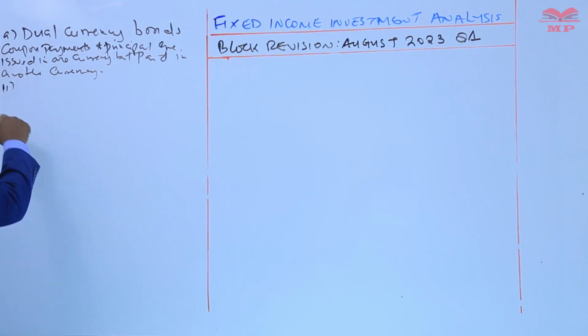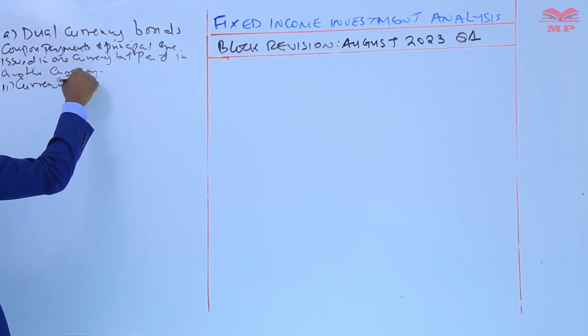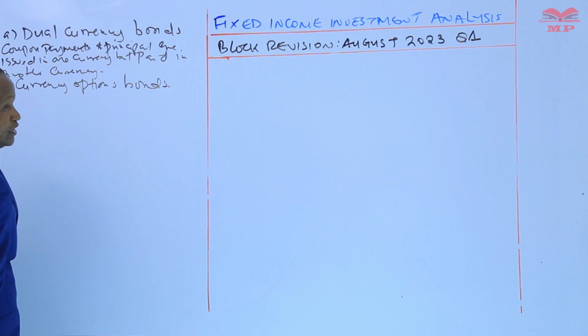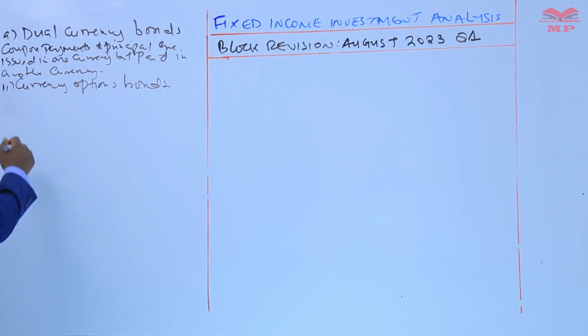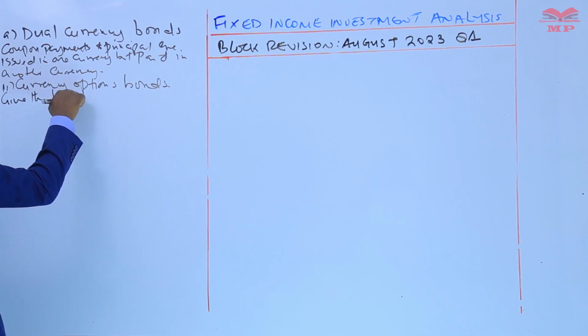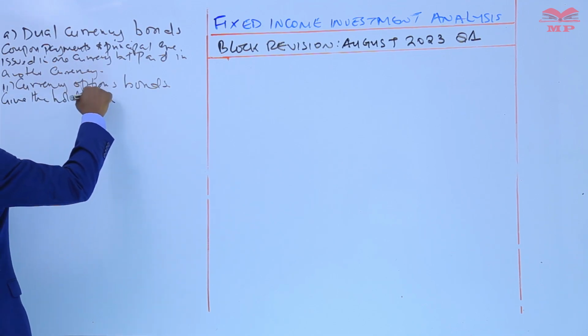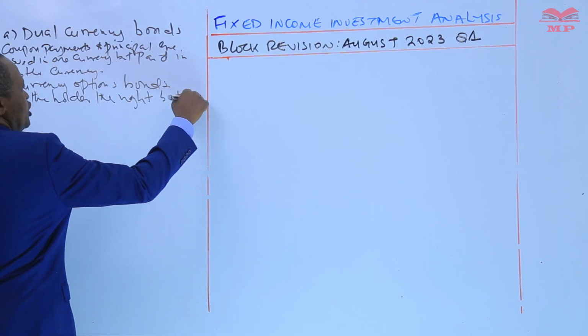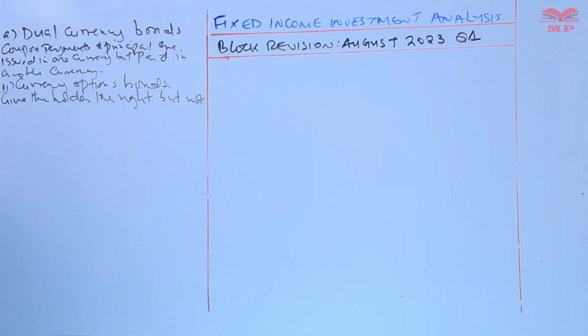Number 2, we have the currency options bond. I've said that these are bonds that give the bondholder the right but not the obligation. These bonds give the holder the right but not the obligation to do what?